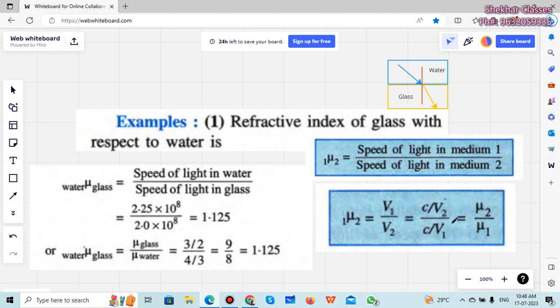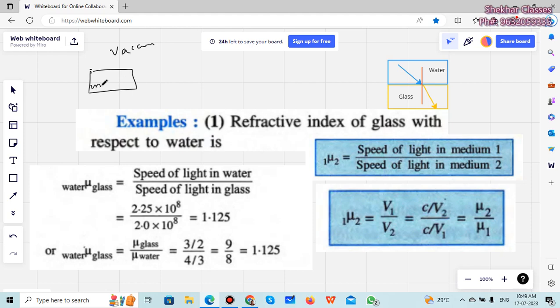We have done that. Now, what do we get if we consider the absolute refractive index? When we say absolute refractive index, it means there is a medium and this is vacuum.